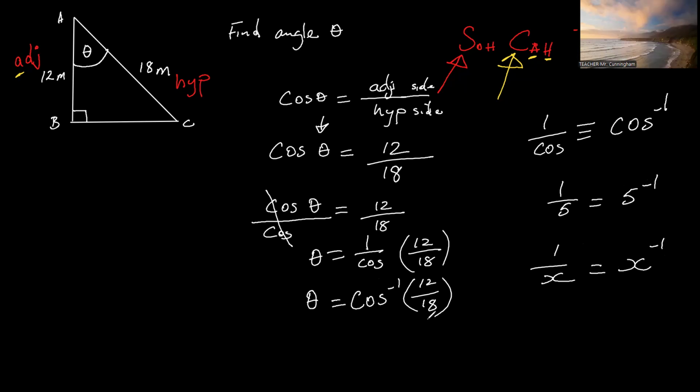You click shift or second function cos and you will see the little inverse sign coming up. Then you write 12 divided by 18, close bracket.